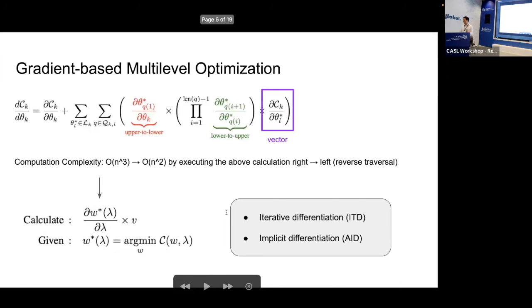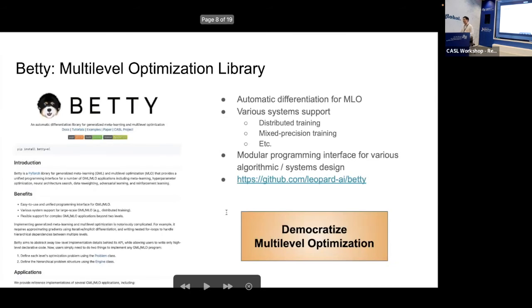That's why we decided to develop our multilevel optimization library, Betty. What Betty does is basically do all this gradient calculation automatically. We also added a lot of system support, like distributed training and mixed precision training, to solve the memory and compute bottlenecks. And we provide a modular programming interface for various algorithmic and system designs.